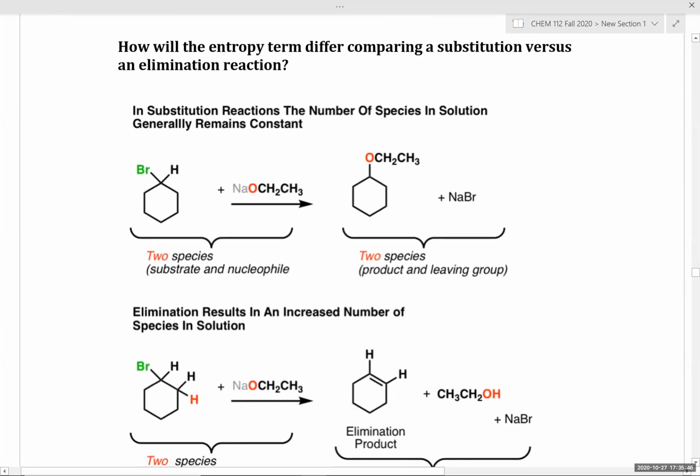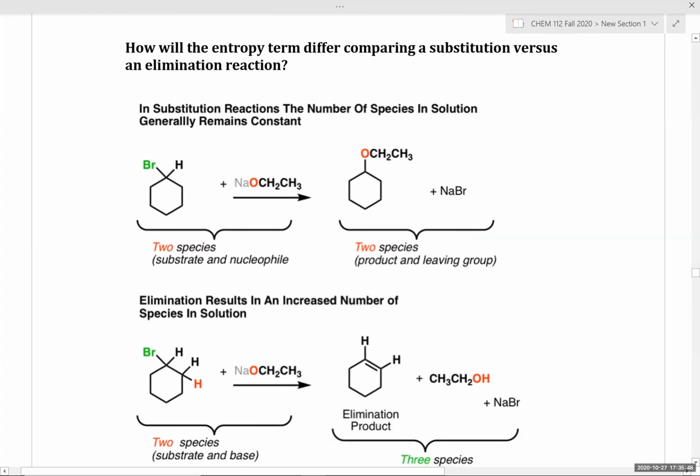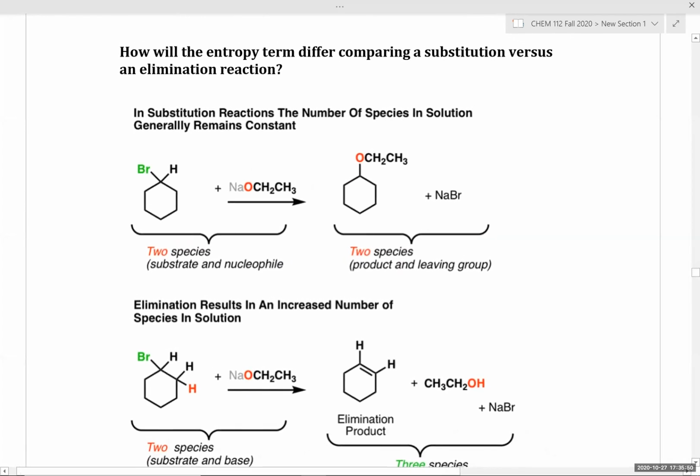Well, if we compare substitution versus elimination, let's think about the entropy term. In substitution, we start with two reactant molecules and we end with two product molecules. So would we expect to see a large or small change in entropy for substitution?